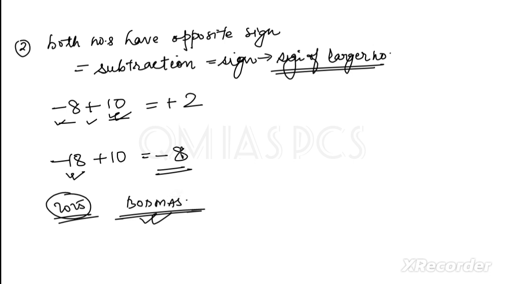In every question, like number system, percentage, ratio, proportion, we will require the basic mathematical operations. That's why I'm telling you this session is very important for you all. So this is our addition and subtraction.